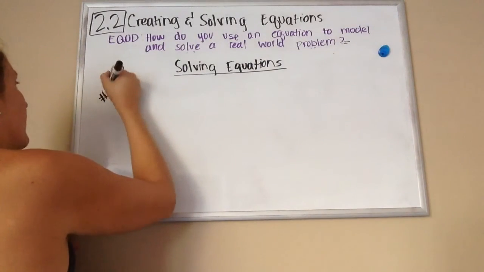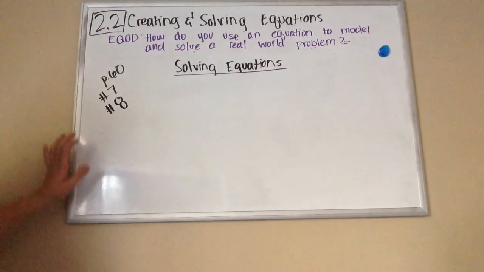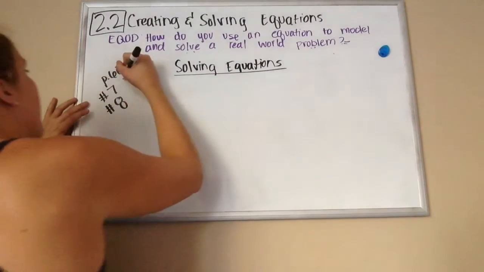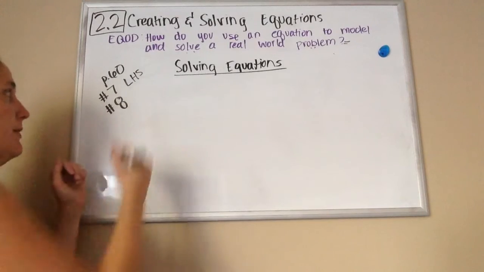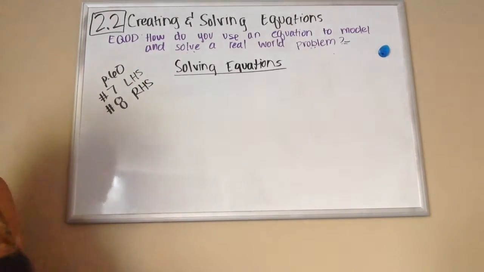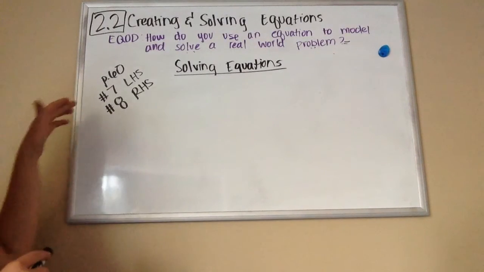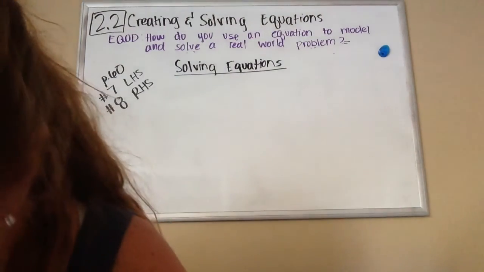Number 7 is going to be pasted on the left-hand side. You will be doing that one on your own in just a minute. Number 8 is going to be pasted on the right-hand side. We're going to do that one together right now. So number 7 on the left, number 8 on the right. If you need some time to do that, go ahead and pause the video.